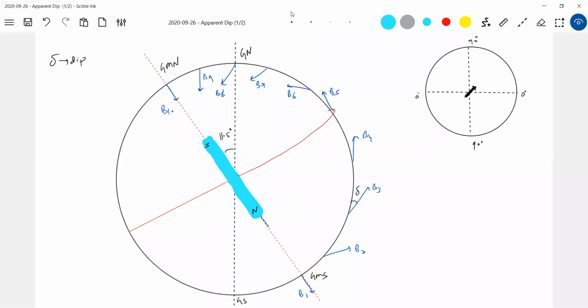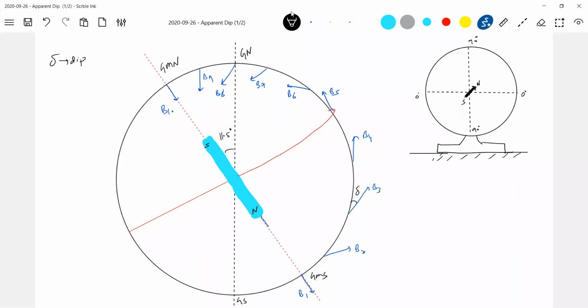I'll give it a stand. Okay, now you're able to understand. So when you keep this dip circle here, what is the idea behind this? The B bar due to Earth will be like this, and the dipole moment, this will be the north pole, south pole of this magnetic needle.